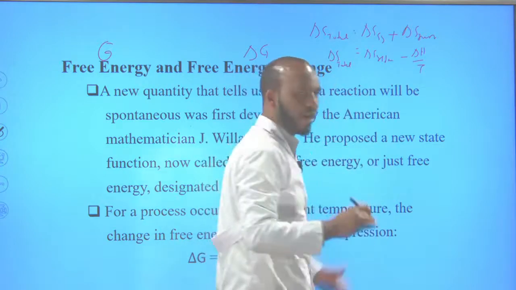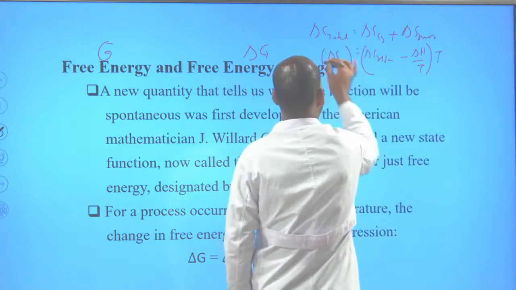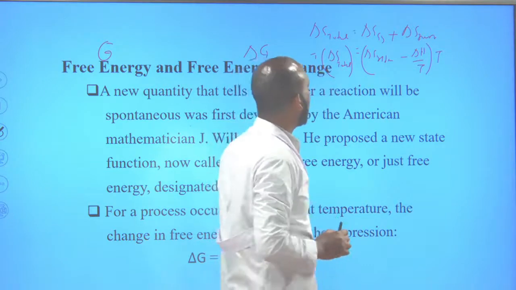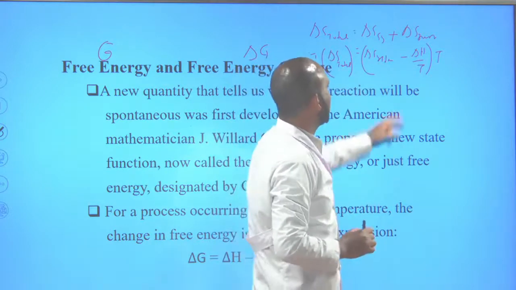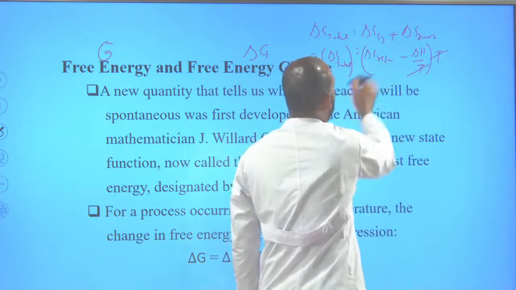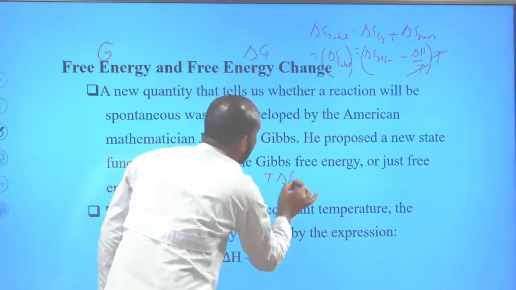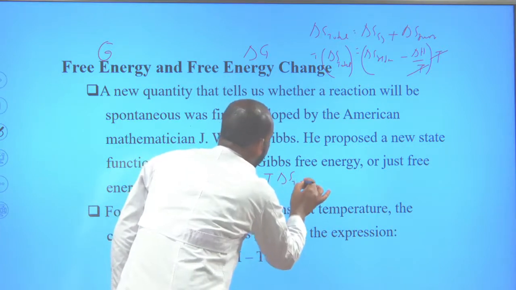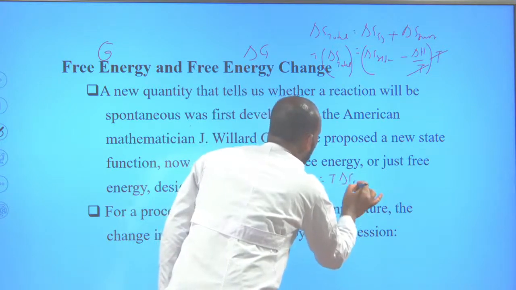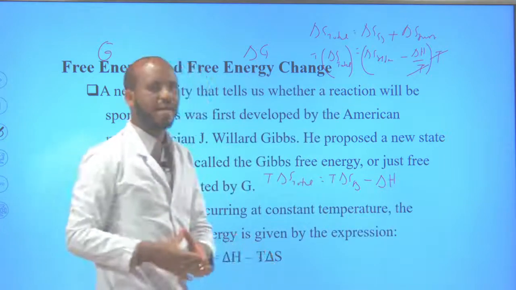If you multiply both sides by temperature, now T times delta S total equals T times delta S of the system minus delta H. The temperature cancels with the denominator, so this becomes temperature T. Therefore, T times delta S total equals T times delta S of the system minus delta H. Now multiply both sides by -1.